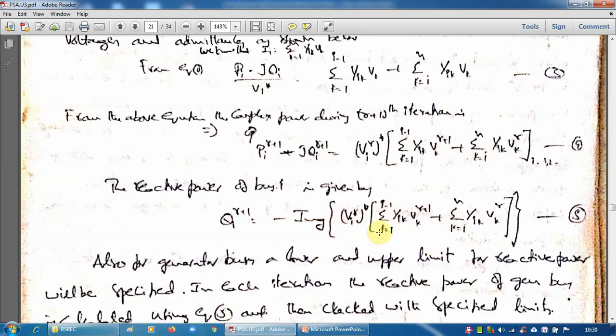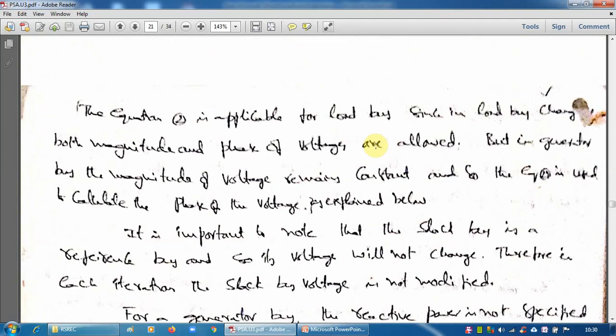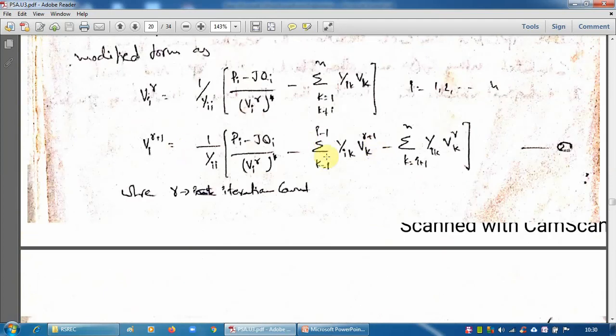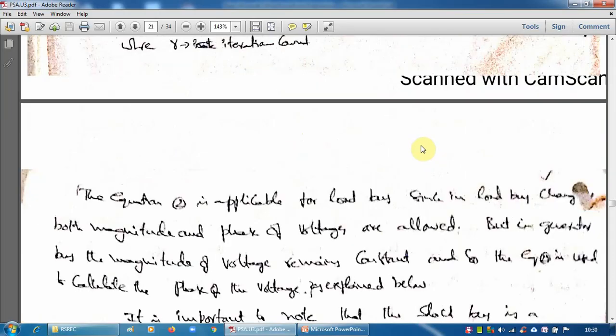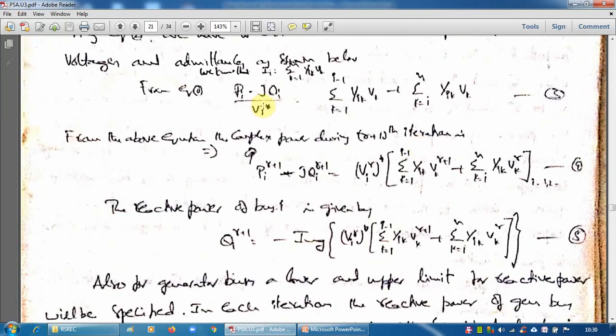You see here K equal to I minus 1, and next K equal to I we are getting. Why? Because here we have not taken the ith term separately, as in the voltage expression, where the ith term is taken out. That is the reason why after I minus 1 we got I plus 1 in that expression. Here we did not do that; the ith term is not separate.